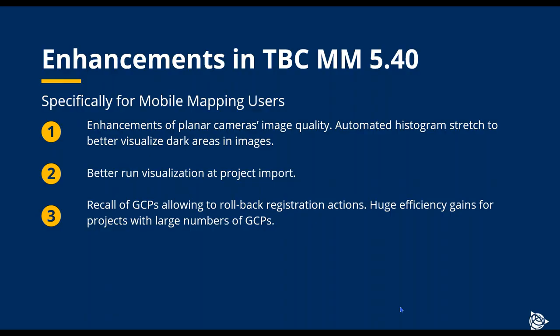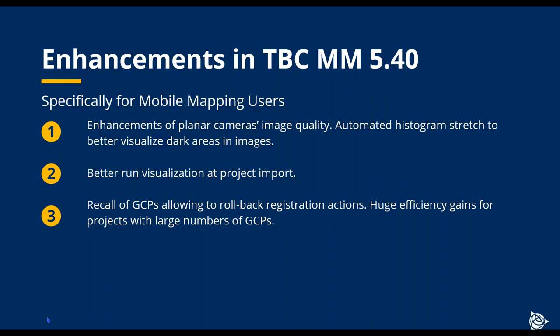For mobile mapping, I will show you some samples on my next slide, but the team was able to achieve a better view of planar cameras for MX9 specifically. Now automatic histogram stretch has been applied, and image areas which were in the shadow before, where it was really tricky to recognize features, are now visualized in a much better way.